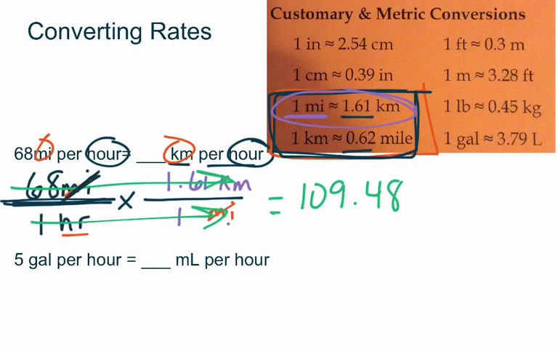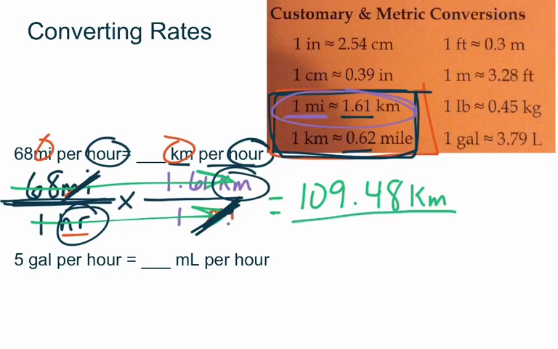We canceled out our miles, but our hours and the kilometers are still there. So what that means is this is 109 and 48/100, and I like to leave my answer in this form, kilometers per 1 hour. And I can leave it just like that, or you could write it out with the word per hour.